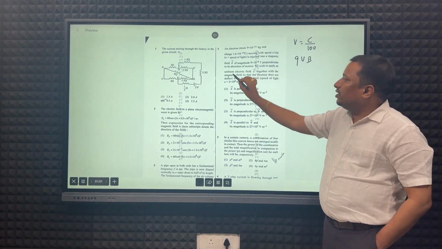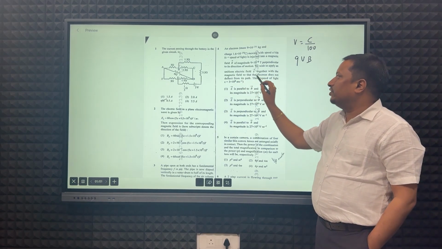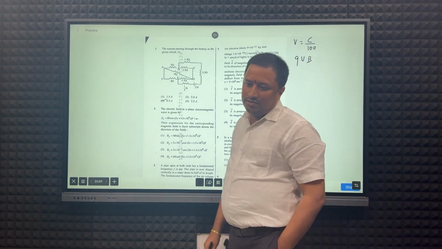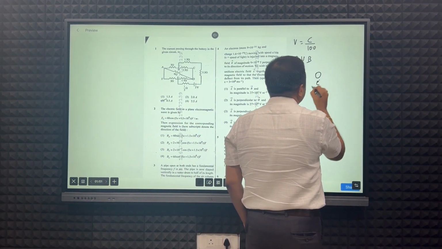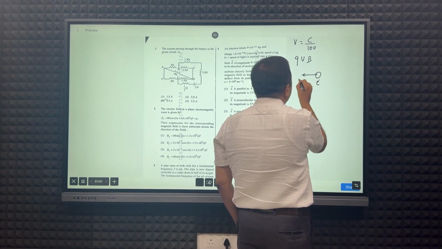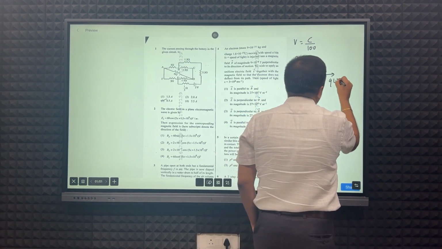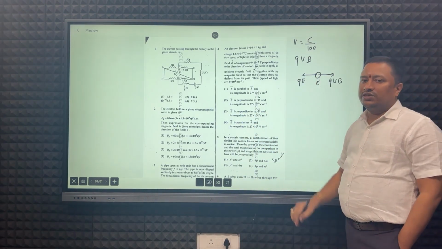We wish to apply a uniform electric field together with the magnetic field so that the electron does not deflect from its path. If the electron does not deflect, what will happen? Let us say this is the electron, on one side electric force should be applicable, that is QE. On the other side, QVB should be applicable, that is the magnetic force. They should balance out each other.